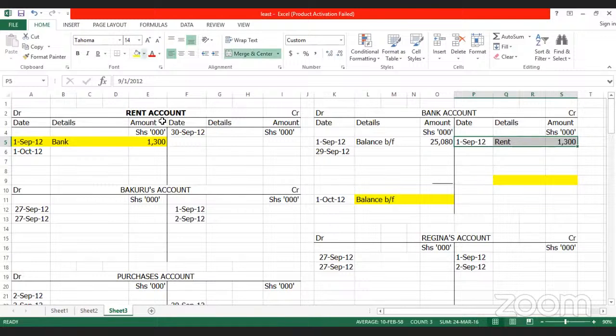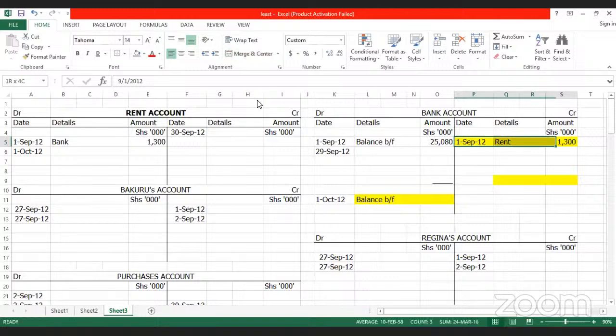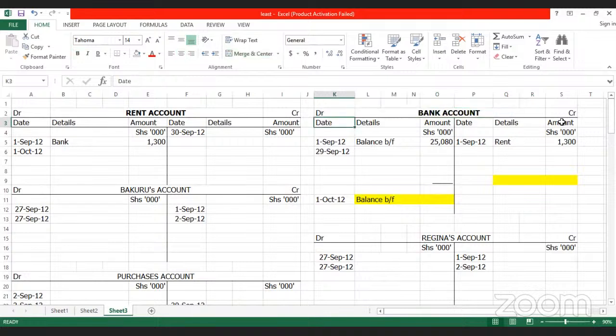For each and every debit, there is always a corresponding credit entry. So that is bank and the rent account, the two accounts which we have so far.